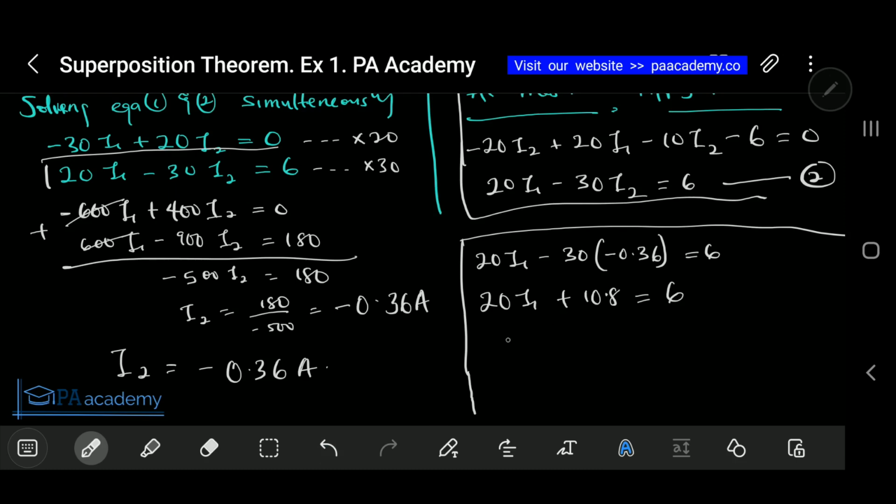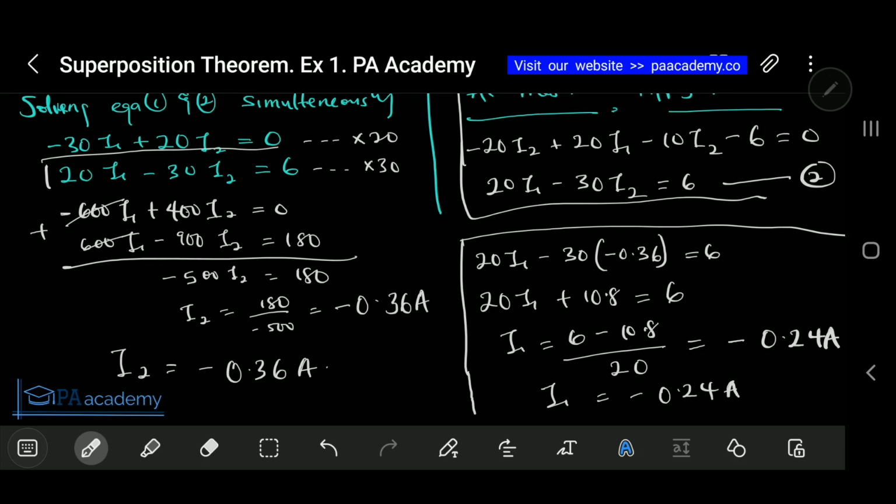So our I1 is equals to 6 minus 10.8 divided by 20. Now we are having 6 minus 10.8, that will give us minus 4.8 divided by 20, and we'll be having minus 0.24 amperes as our I1. So that means our I1 is minus 0.24 amperes.